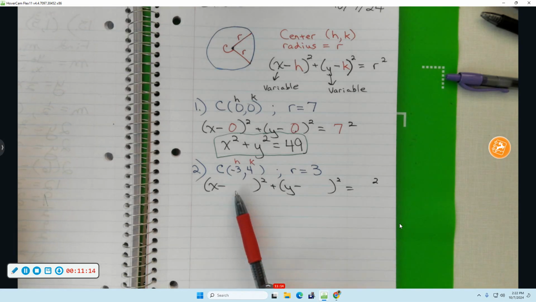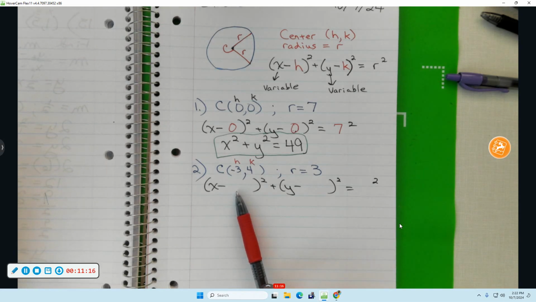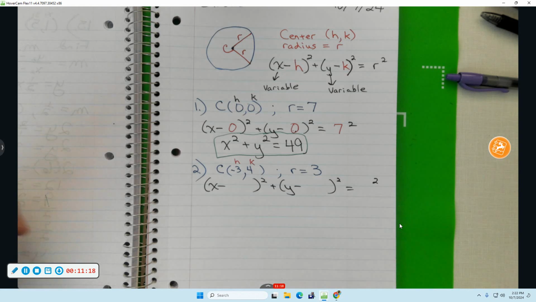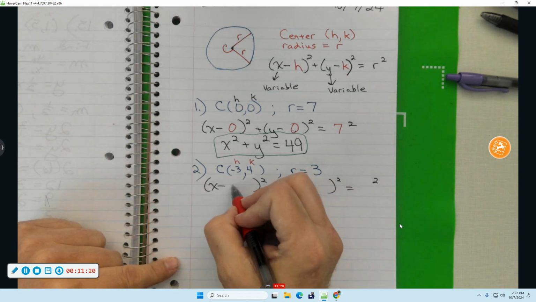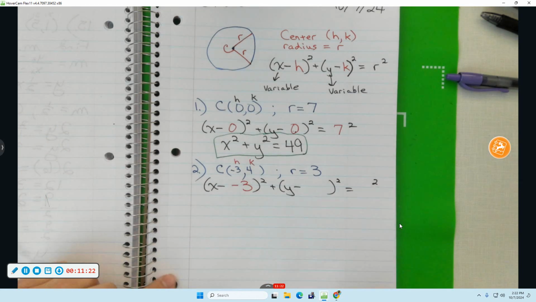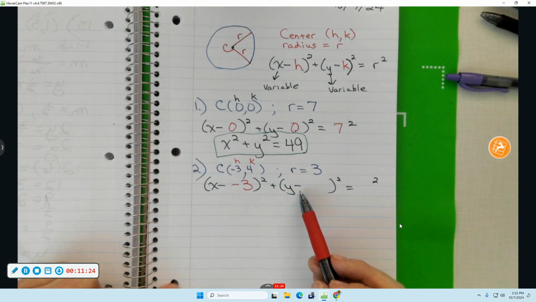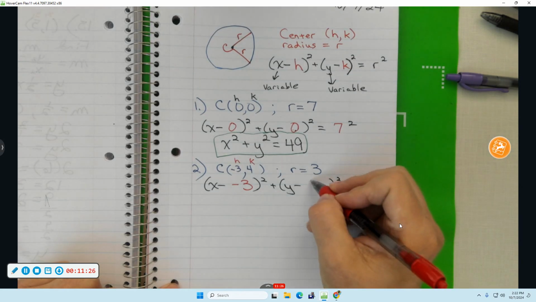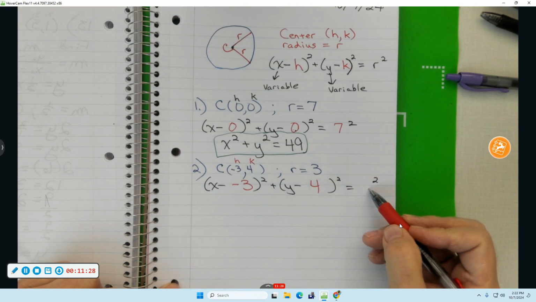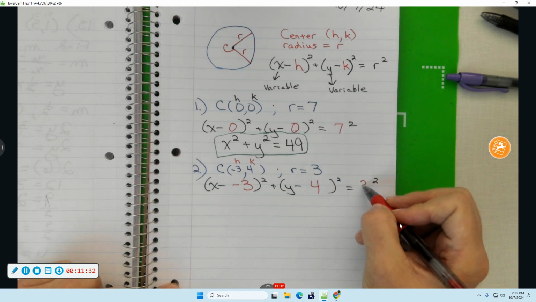So what's going to go after the x minus? Okay, the h value, which is a -3. What's going to go after the y minus? The 4. And what's going to be squared on the right-hand side? 3, that radius value they gave us.